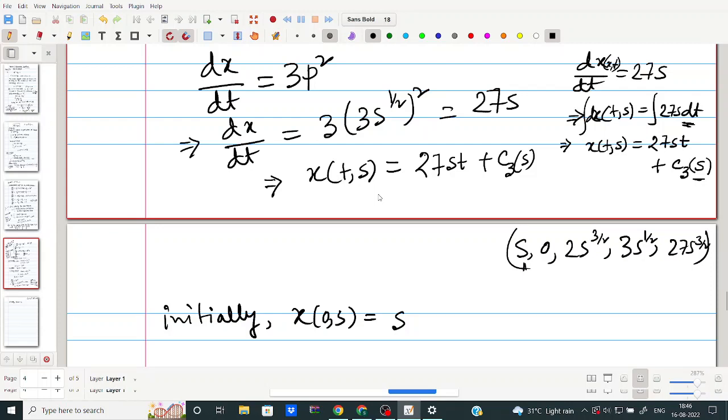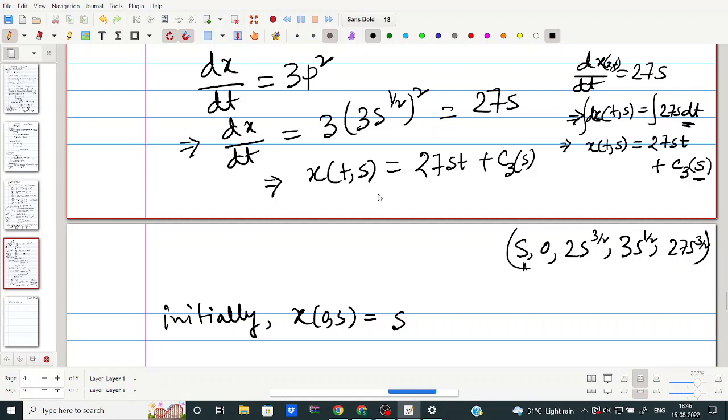So what is the normal? Normal at this s equal to 1, I got it is (p, q, -1), right? So p I wrote as 3 s^(1/2), so I put s equal to 1 here, so 3 into 1 to the power half means 3. 27 into 1 to the power 3/2 is 27, and minus 1. This is the normal direction.